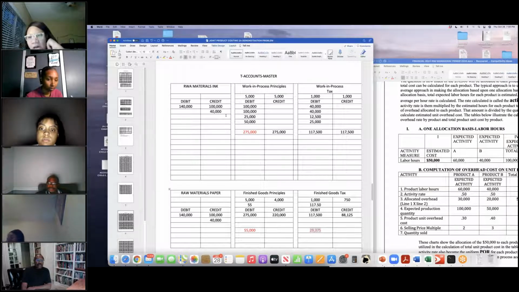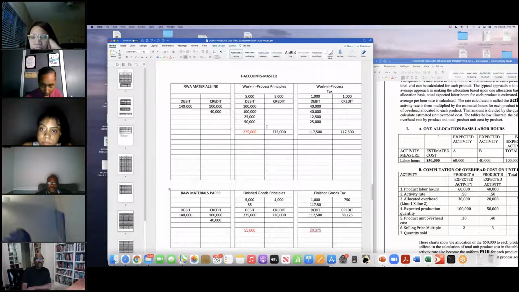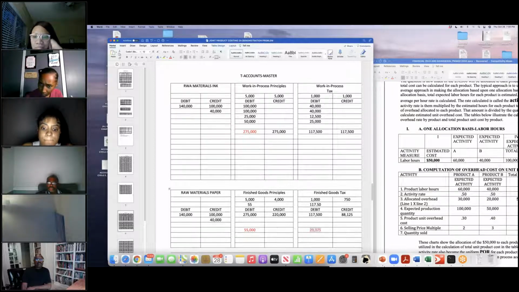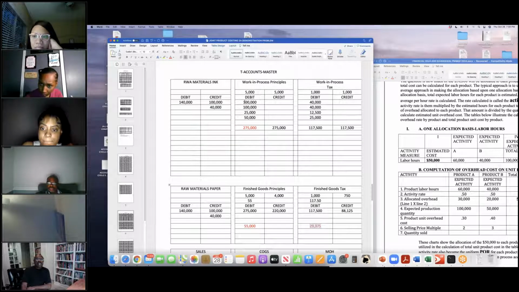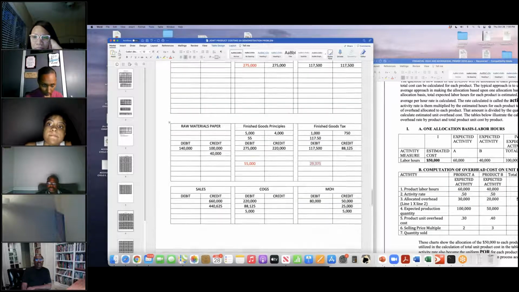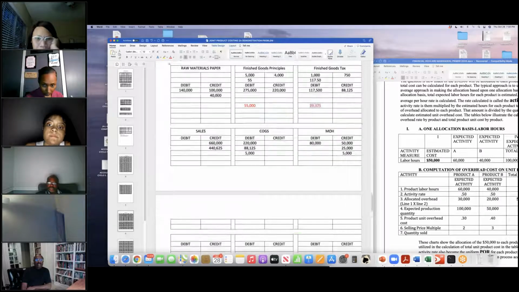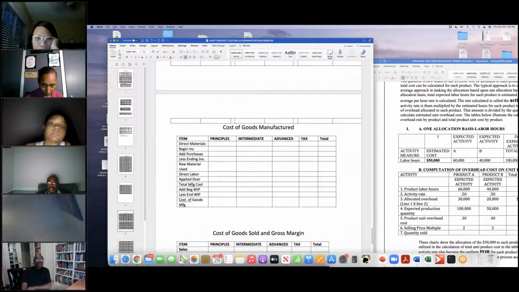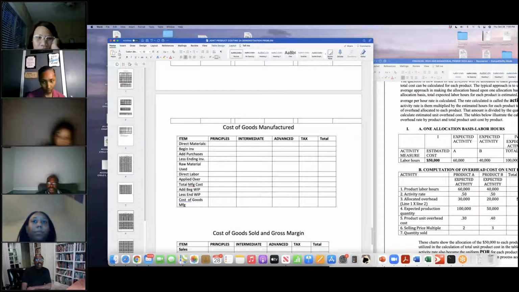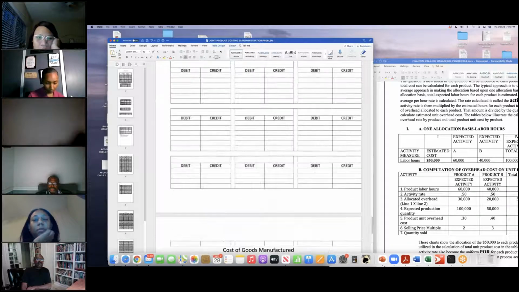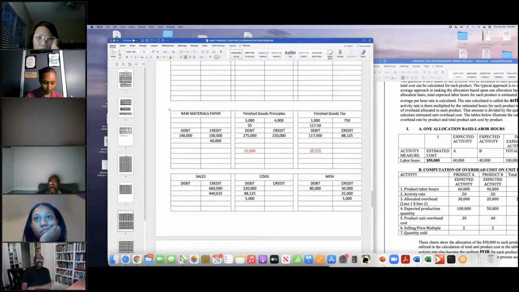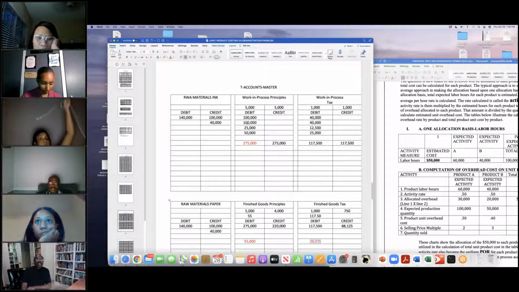Okay, so to do cost of goods manufactured, we're simply going to look at each work in process account and bring the numbers down. Direct materials for the principal's book, top two numbers, 200,000.